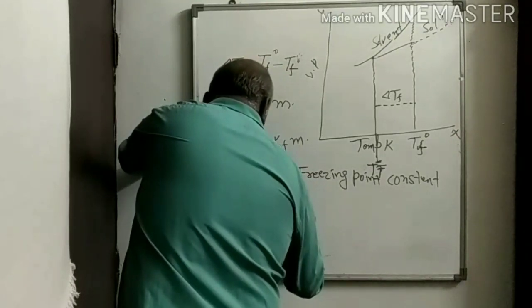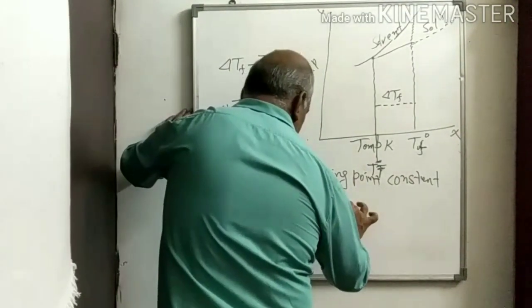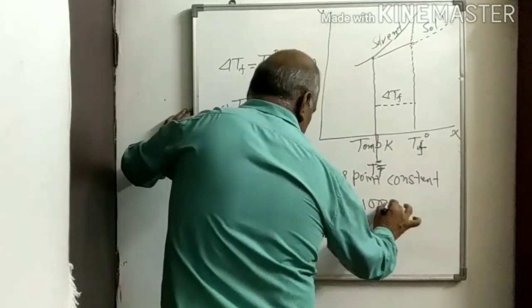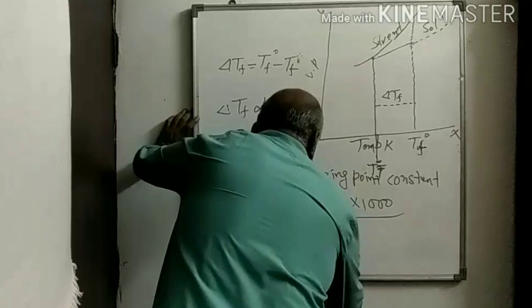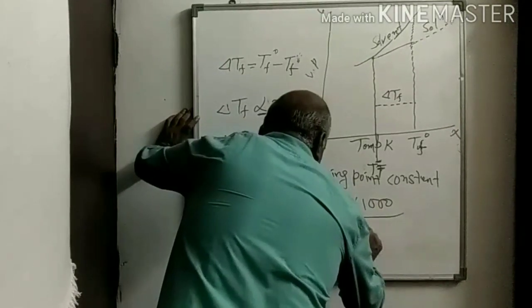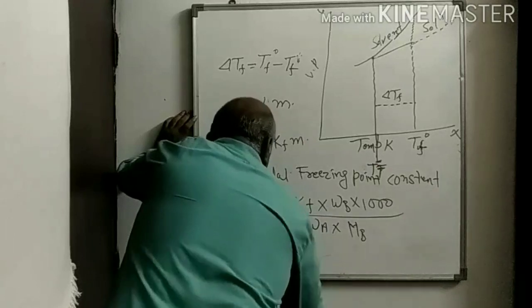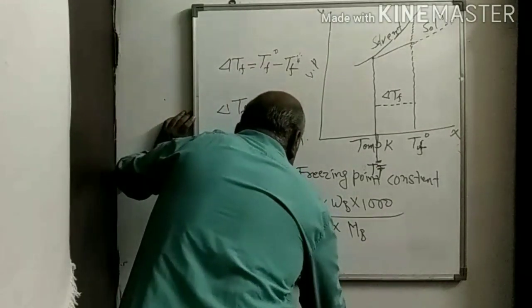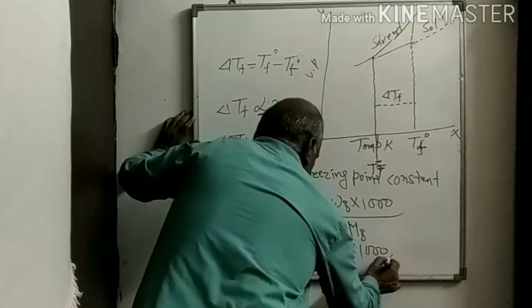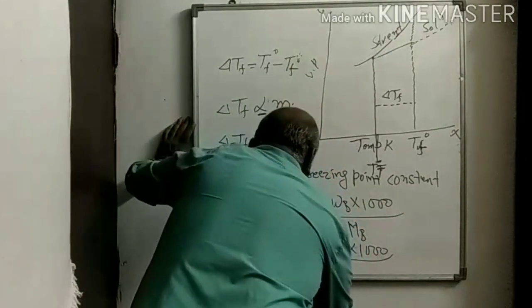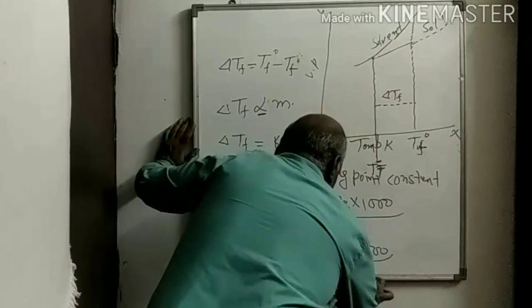Delta Tf is equal to Kf into WB into 1000 upon WA into MB, or MB is equal to Kf into WB into 1000 by delta Tf into WA.